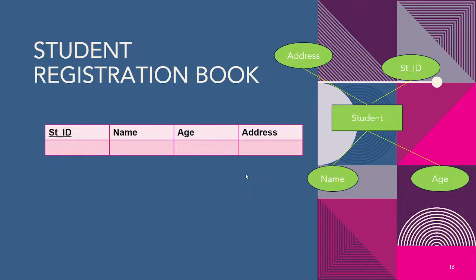The student ID is what we use to identify each instance of a student separately. We call it a primary key. So the table will begin with the primary key, and we will put name, age and address, as indicated here, as the properties of the student.